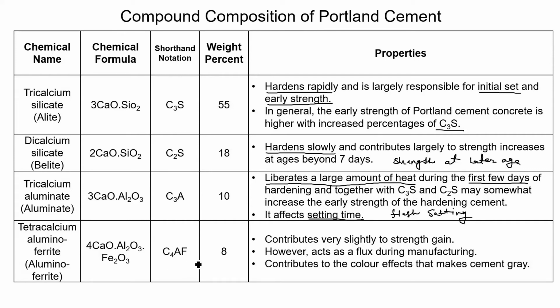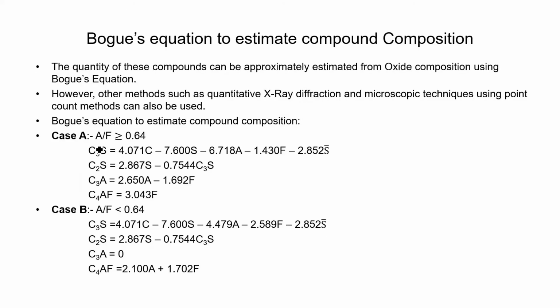Another Bogue compound, tetracalcium aluminoferrite, that is C4AF, contributes very slightly to strength gain. It is responsible for the grey color of the cement. All these four Bogue compounds can be estimated by using Bogue's equations.